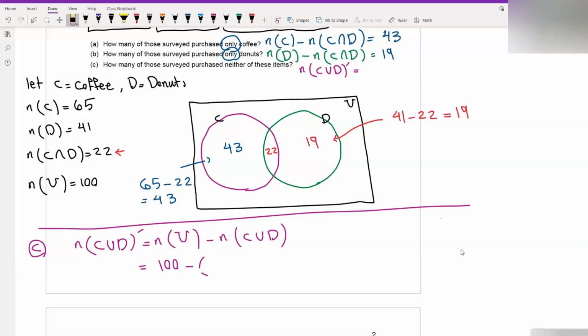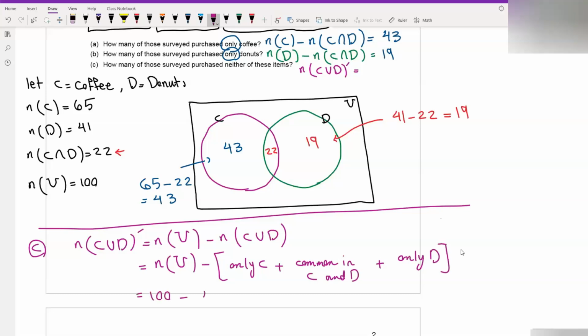I'm going to write this one first because we used only C, only D. So for this part, we have to add only C plus what we have in common between C and D, and add only D.